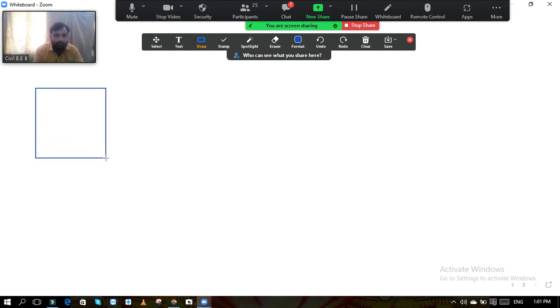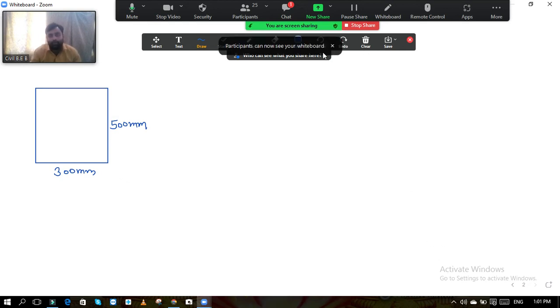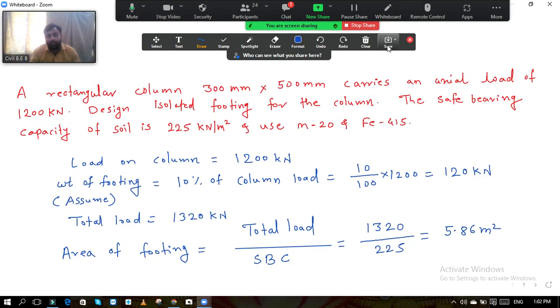This is our dimension, it is 300 mm, and this is 500 mm. So this is our column. Now we have got the area, 5.86.